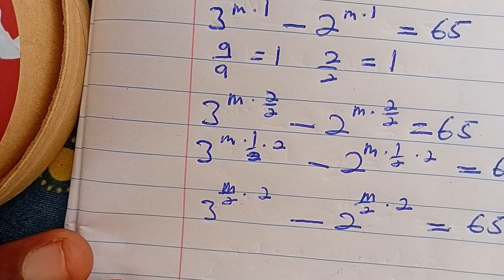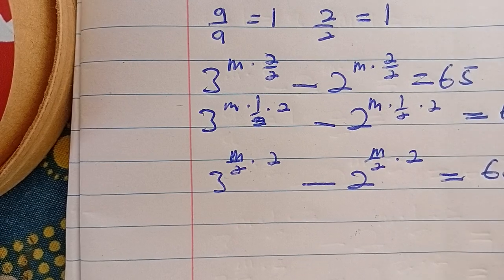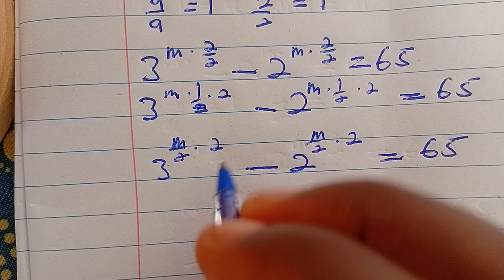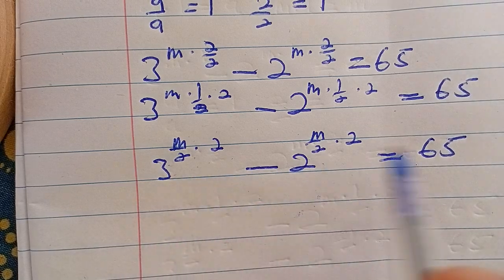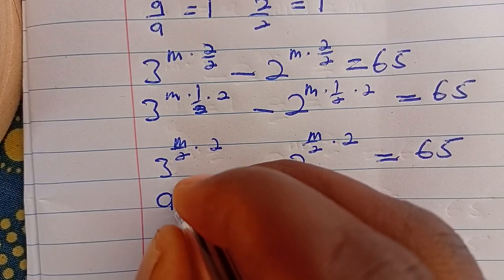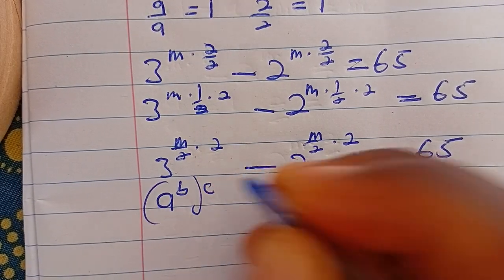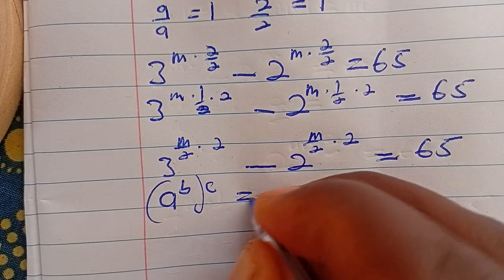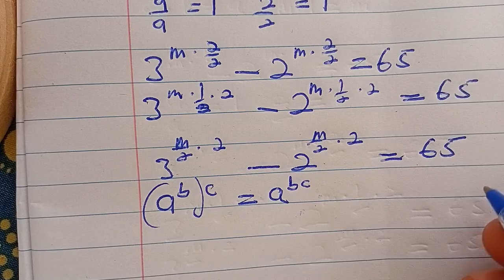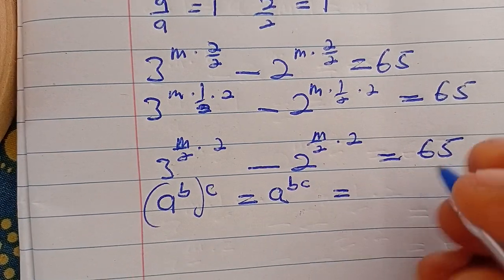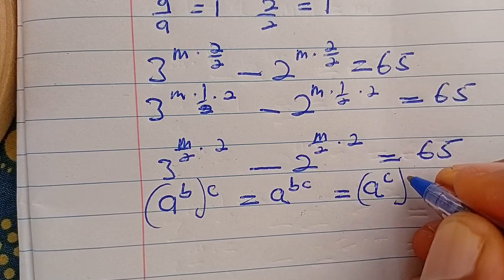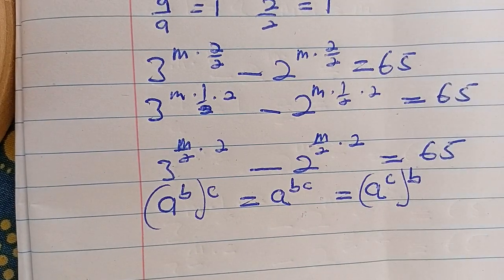So we can use a law of indices here. If you're having a exponent b by c, it is the same as a exponent b times c, and it's the same as a exponent c by b.